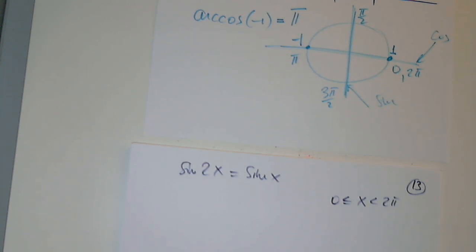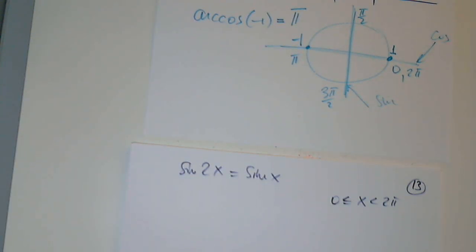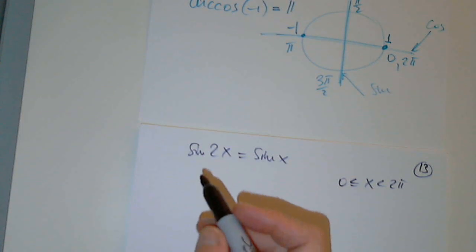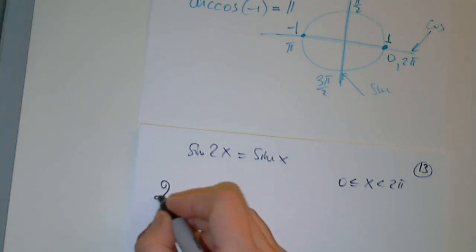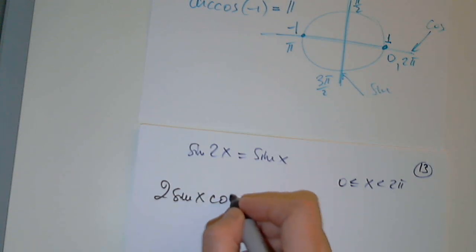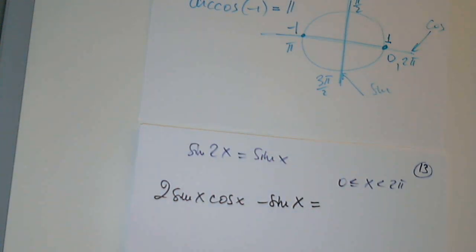There are infinitely many. Okay, so does anyone remember that this is an identity, sine 2x? Does anyone remember what sine 2x equals? 2 sine x cosine x, and I will move sine x to the other side. What is left on the right-hand side? 0. Of course.